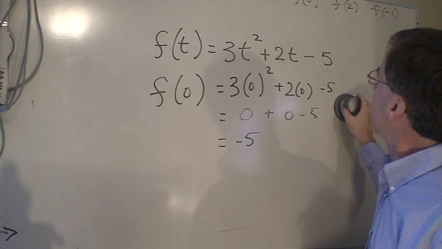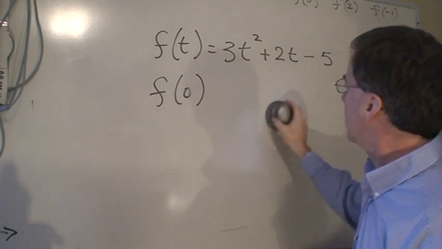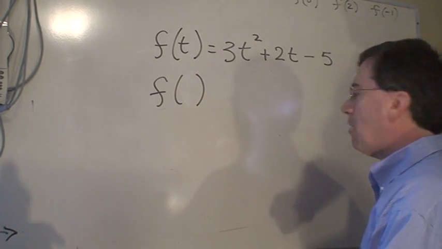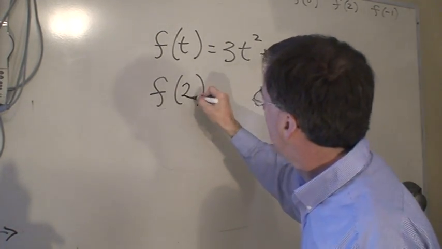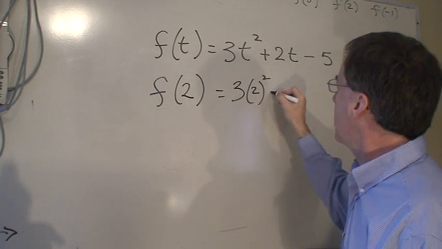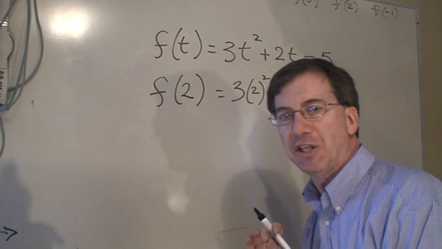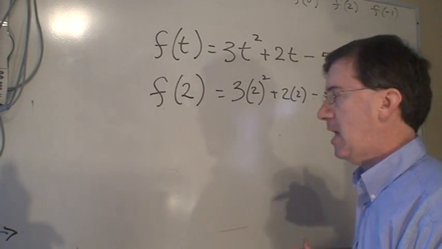Let's say I was looking for maybe f of 2. Still the same problem, and say I was looking for f of 2. Put a 2 in there. It'd be 3 times 2 squared plus 2 times 2 minus 5. We're plugging a 2 in for t and chugging out the answer.